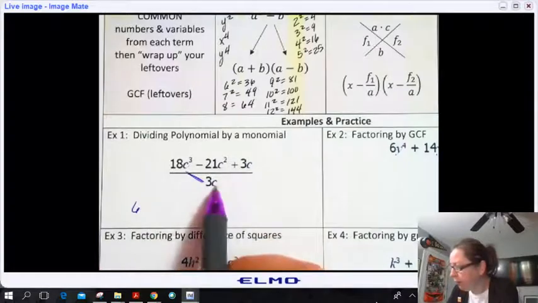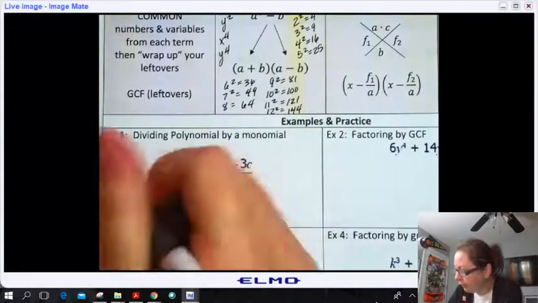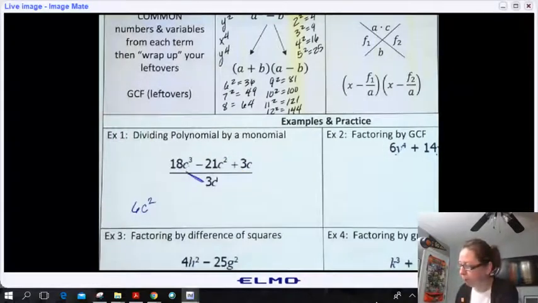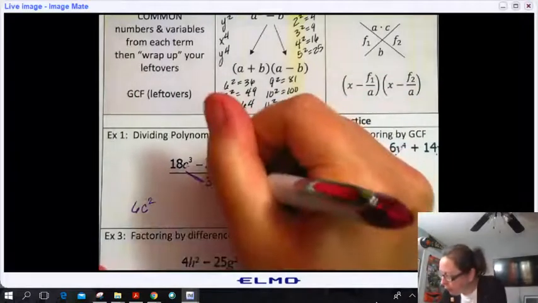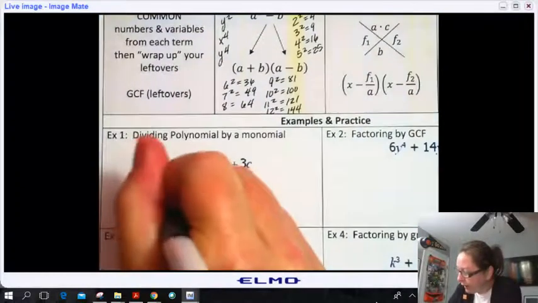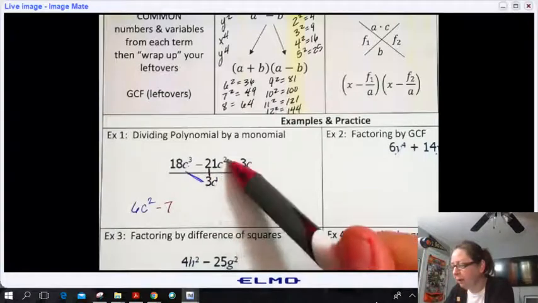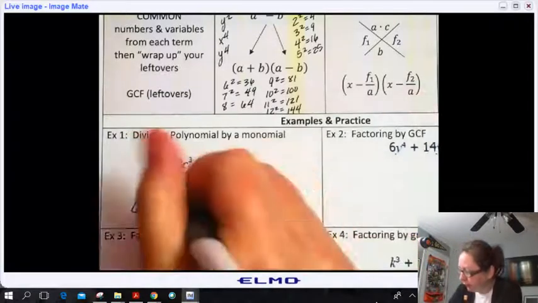C cubed divided by c to the first power, that's 3 minus 1, which is 2. Now let's do negative 21 divided by 3, which is negative 7. C squared divided by c, that's 2 minus 1, is just c.